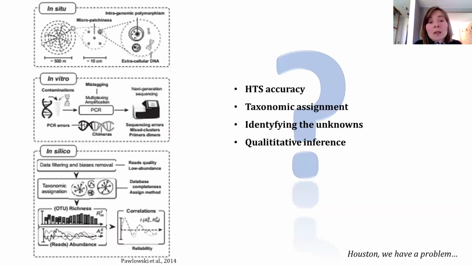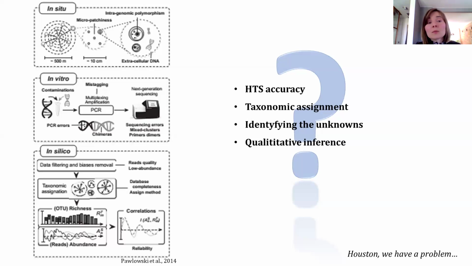Of course, there are a lot of issues that can be addressed at every step of the analysis, as you see on the graph, from environmental properties like the natural patchiness of organisms, for example. If you take one relatively small sediment sample, you can see only part of the community because of, for example, natural patchiness of the organisms in the environment.